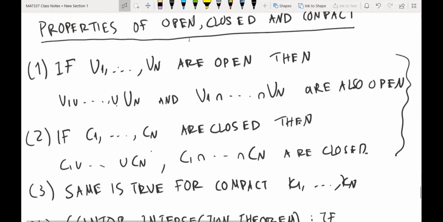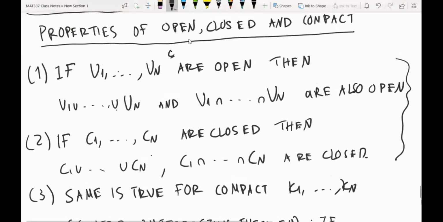Everything here is in Rn using a Euclidean metric topology.